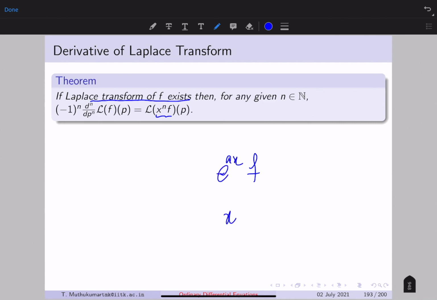Now you are asking what is the Laplace transform if you multiply f by a polynomial of degree n, and it turns out that the Laplace transform of this is, up to some sign, the nth derivative. So if it's x power n multiplied to f, then it's the nth derivative with respect to the p variable of the Laplace transform.